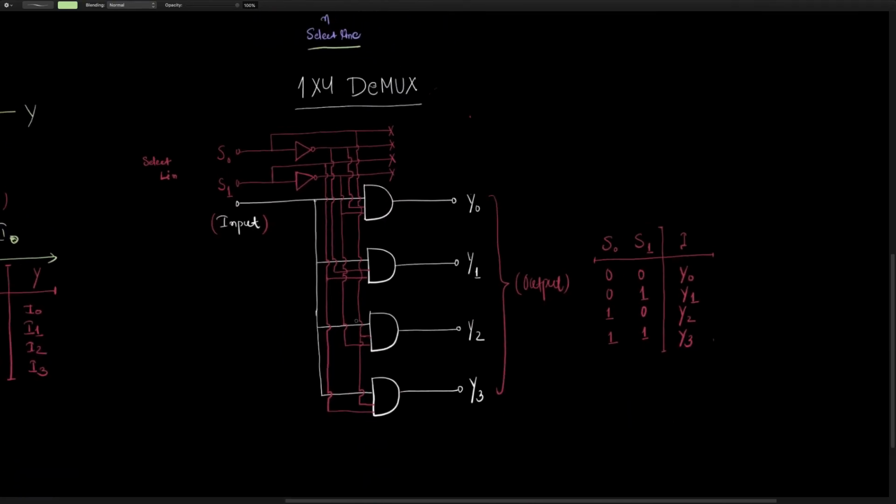Now the construction for that is like this. Whenever S0 S1 is 00, we will find that your input would be available at the output Y0, whereas all others will not follow the input. Okay, those are going to be 0 or low, logically 0 if you say.